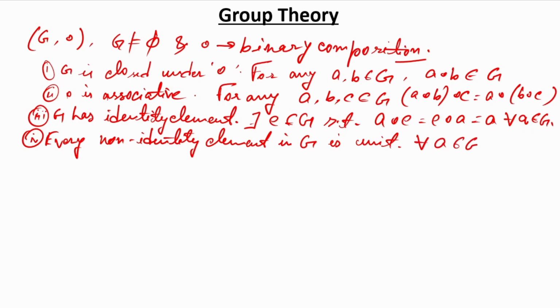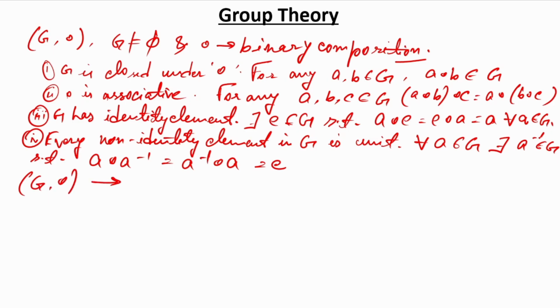For all A belongs to G, there exists an element, we call it as A inverse in G such that A compose A inverse equal to A inverse compose A equal to identity. If these four properties are satisfied, then we call this G compose a group.